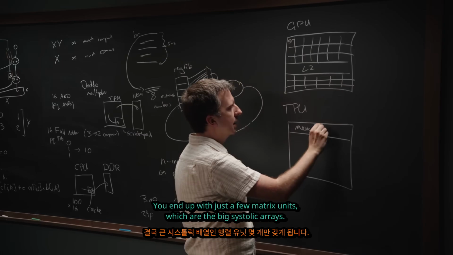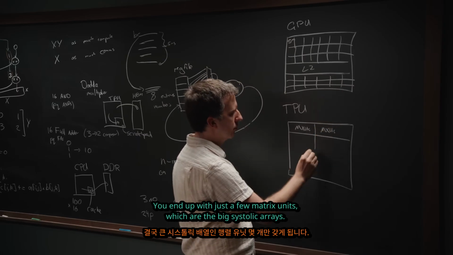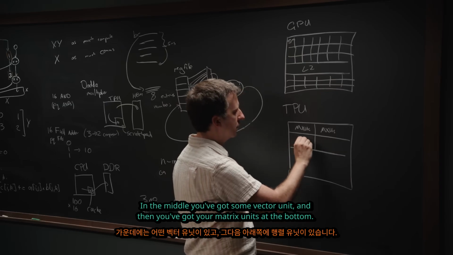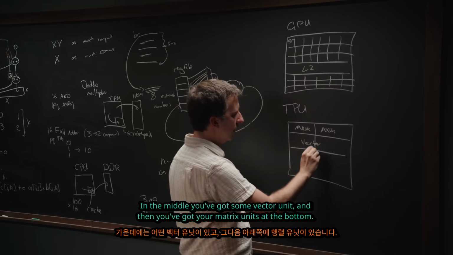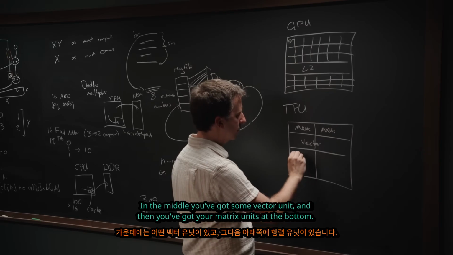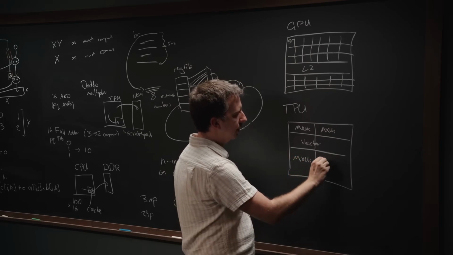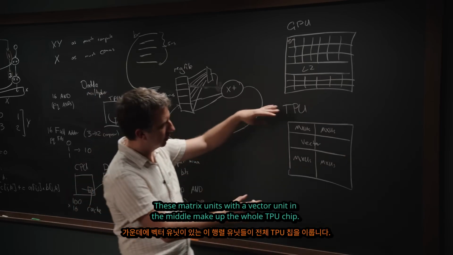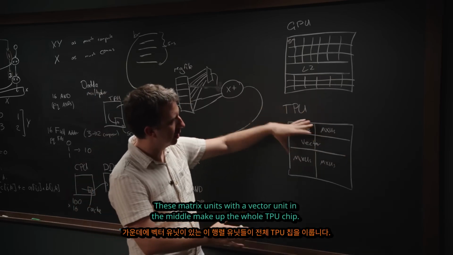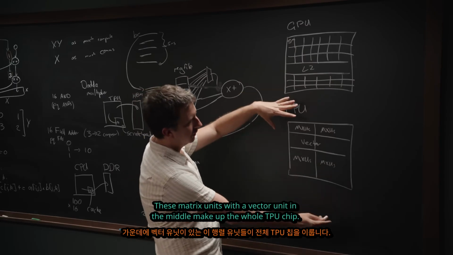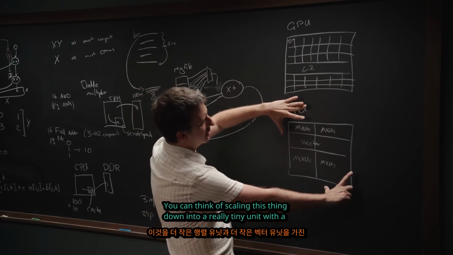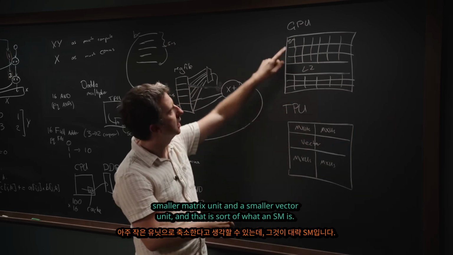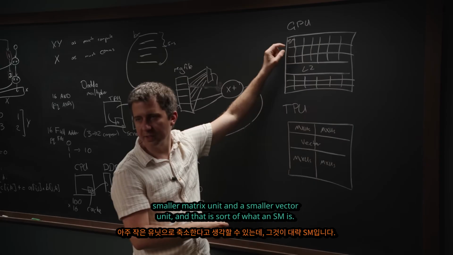These are the big systolic arrays, and in the middle you've got some vector unit, and then you've got your matrix units at the bottom. This is the whole TPU chip. You can think of scaling this thing down into a really tiny unit with a smaller matrix unit and smaller vector unit, and that is what an SM is.